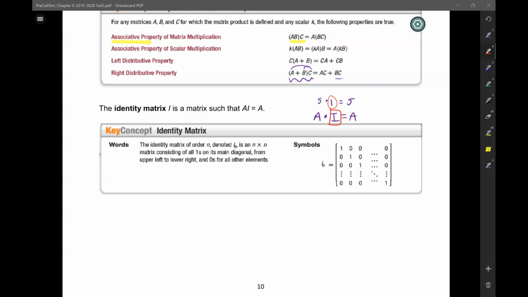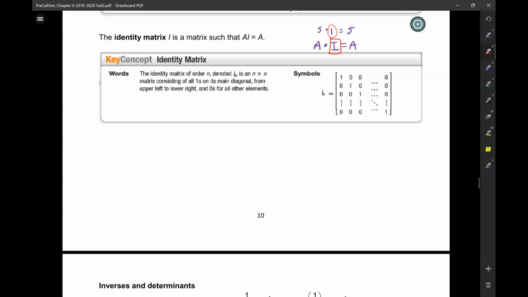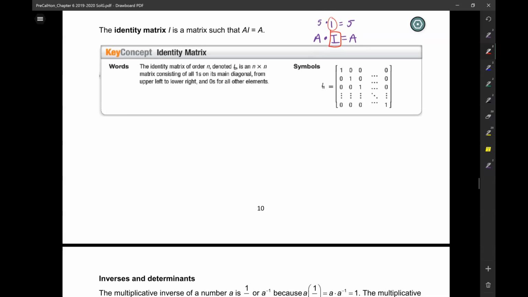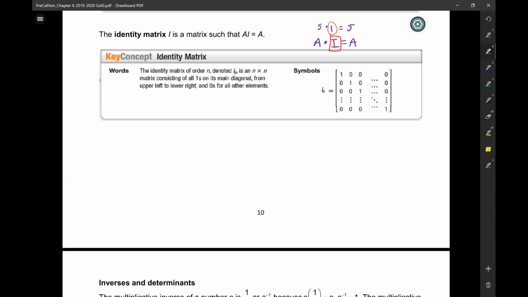So it turns out there's no such thing as dividing two matrices. However, if we wanted to continue talking about identity, like 5 times 1 is itself, A times the identity matrix is itself, right?